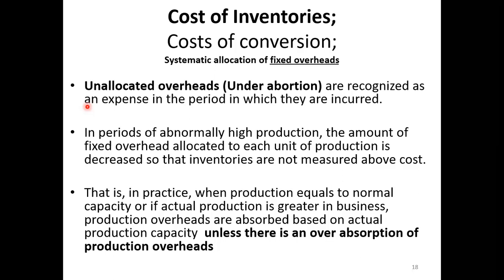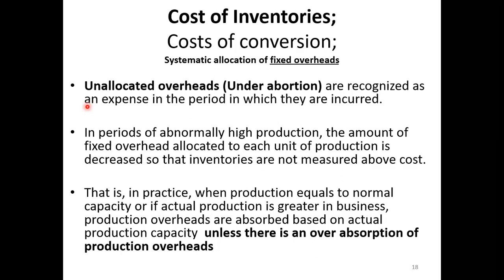Even though the actual production is lower than normal capacity, we have to absorb the fixed cost based on the normal capacity. So for 5,000 output, each unit costs 1 rupee, so 5,000 rupees is the fixed cost absorbed. The balance of 5,000 will be transferred to the PL account as loss, as an expense.